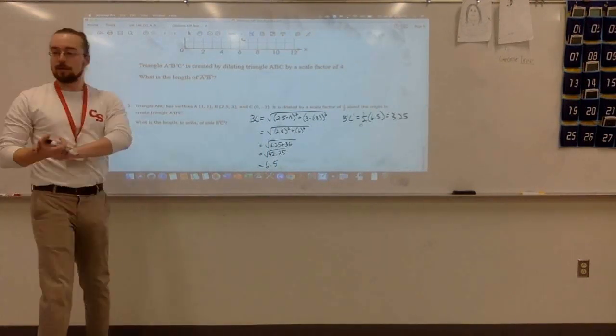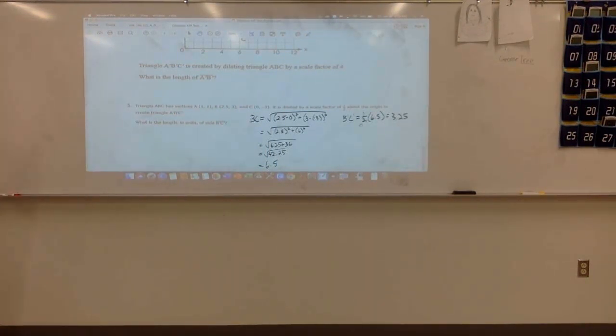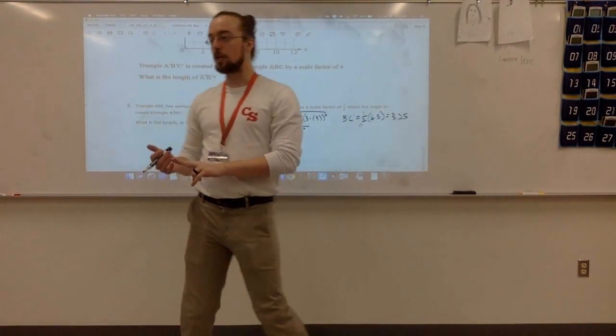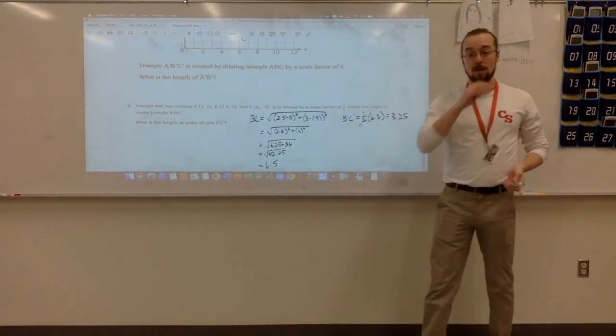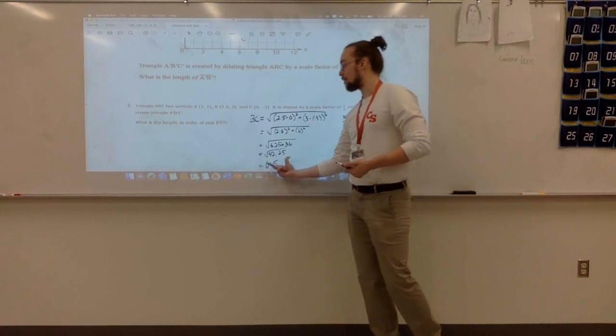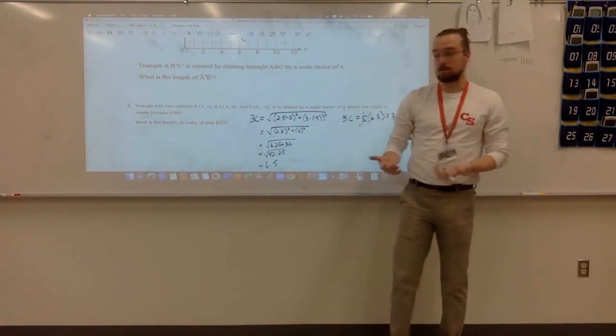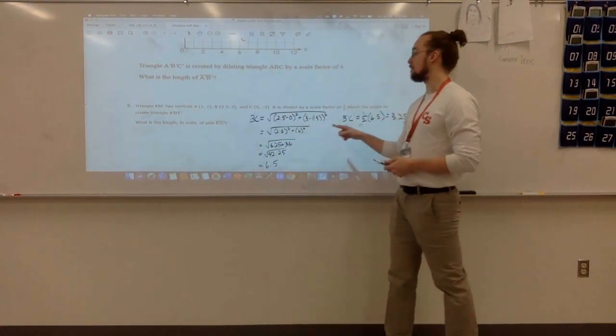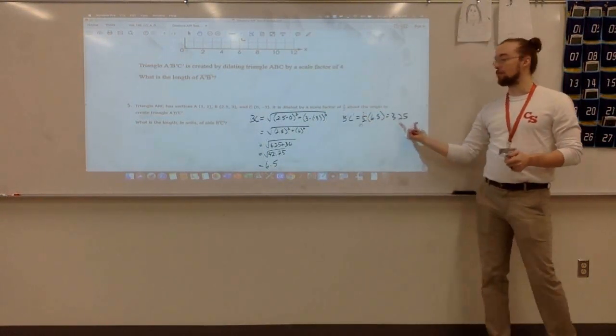Did we get 3.25 for our final answer? For this one, there's a couple of ways we could have done this. We could have done this just like we did the last one and find the length of our original side, which is what I did. I found the length of BC and then multiplied that by the scale factor.